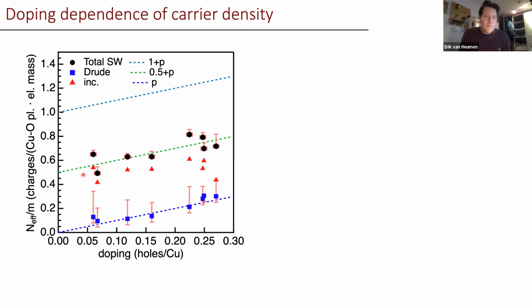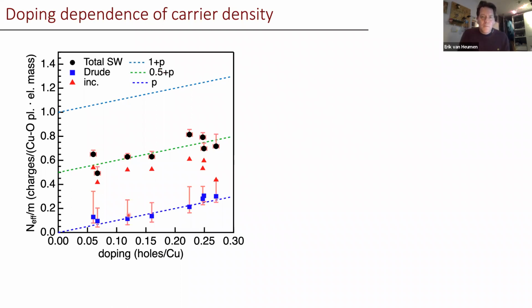From the Drude weight, we can extract the carrier density, and this can be compared again to the Hall carrier density that I showed a couple of slides ago. Just from the total spectral weight, we see that it tracks the line n equals 1/2 plus p.